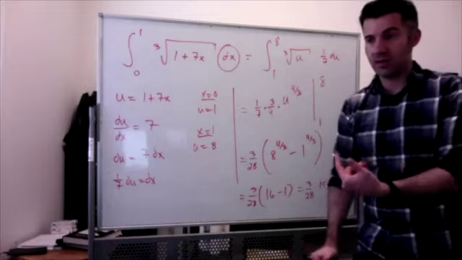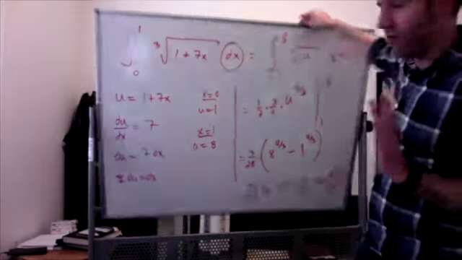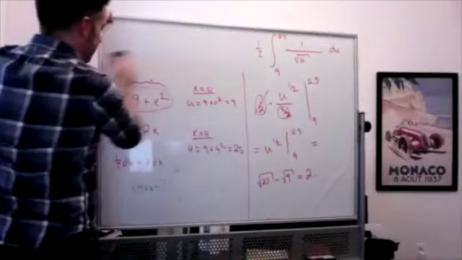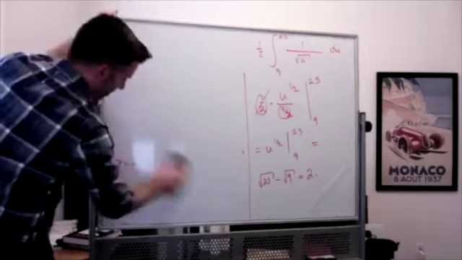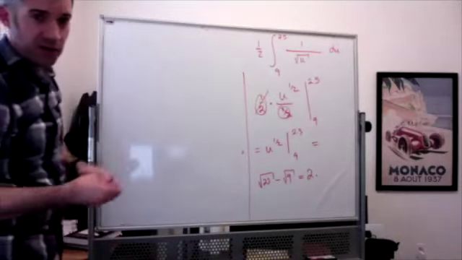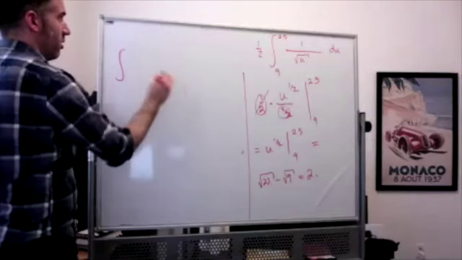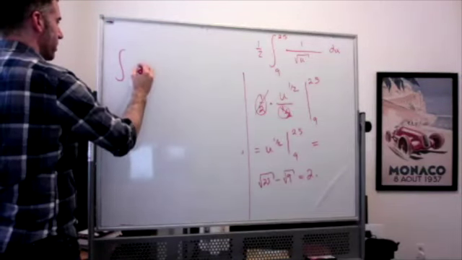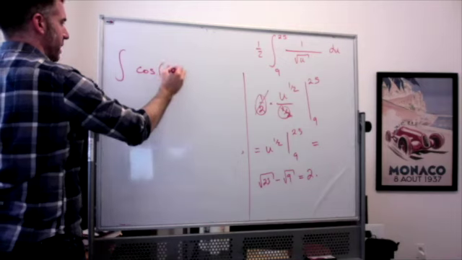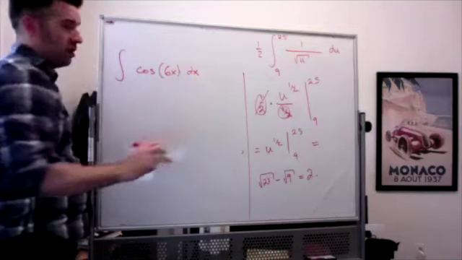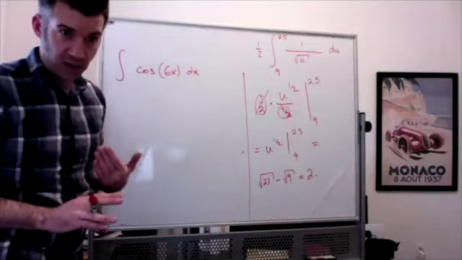So just to say one more thing about this, and we'll talk more about this particular idea next Monday because it is super useful. If you're going to integrate something like the cosine of 6x dx, you don't have to do a u-substitution here.